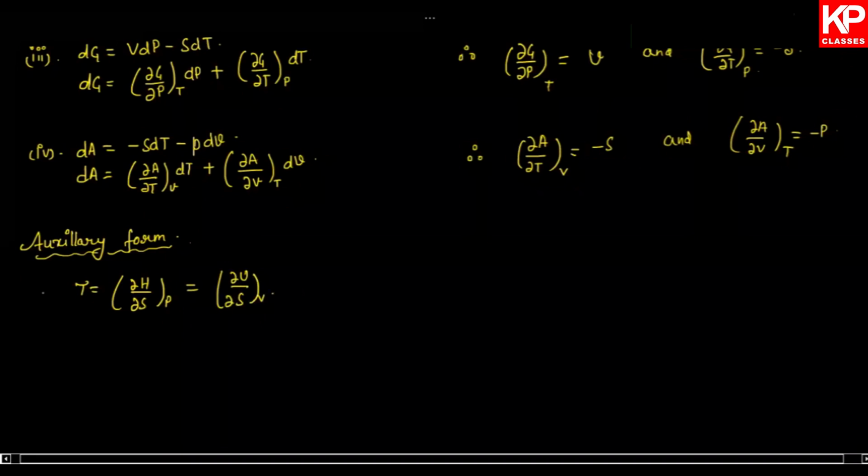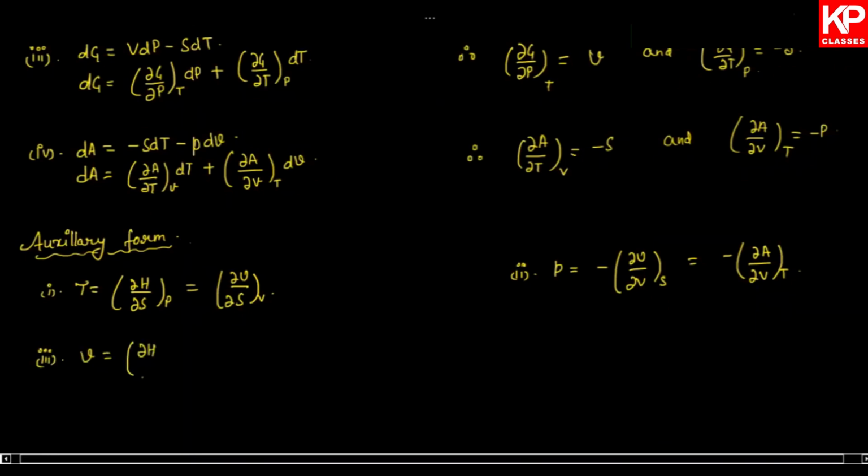This is your first. And second, you obtain your pressure by minus del U by del V at constant entropy, and also by minus del A by del V at constant temperature.